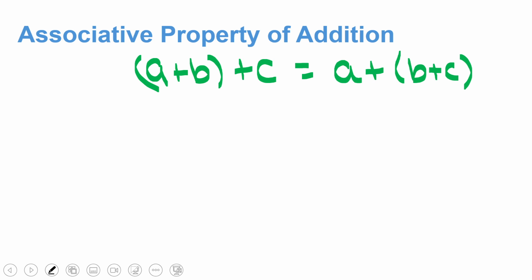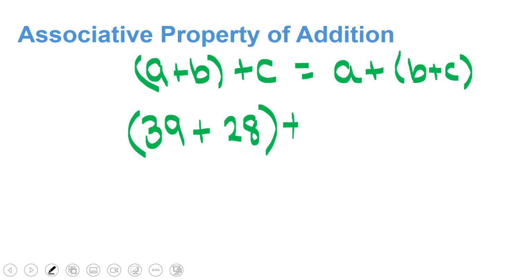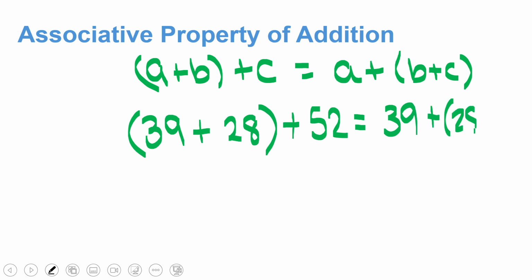So if I have 39 plus 28 in parentheses plus 52, that would be equal to 39 plus 28 plus 52.